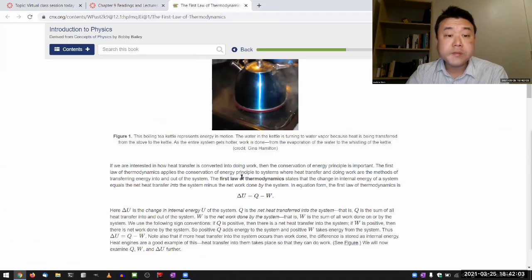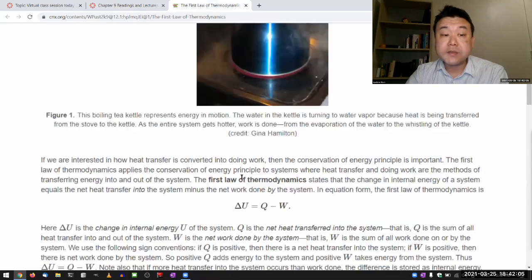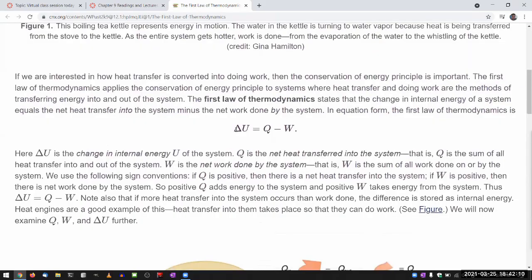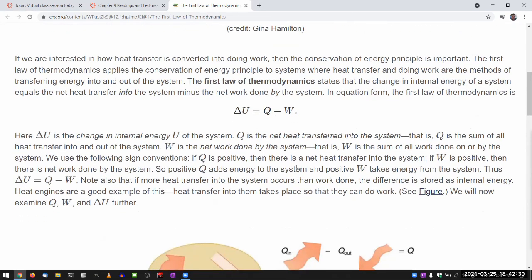This is the mathematical statement of the first law: the change in internal energy is given by the net heat flow, and our sign convention here is heat flow into the system, minus the work done by the system. So if the system is doing work on the surroundings, in the physics sign convention, it gets counted as positive. So you subtract the work done by the system.